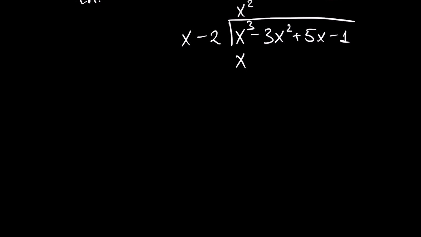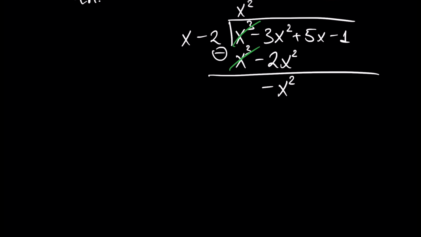If you don't understand it, watch our previous tutorial. We perform a subtraction and we have a cancellation here. It will be minus x to the power 2 plus 5x minus 1.